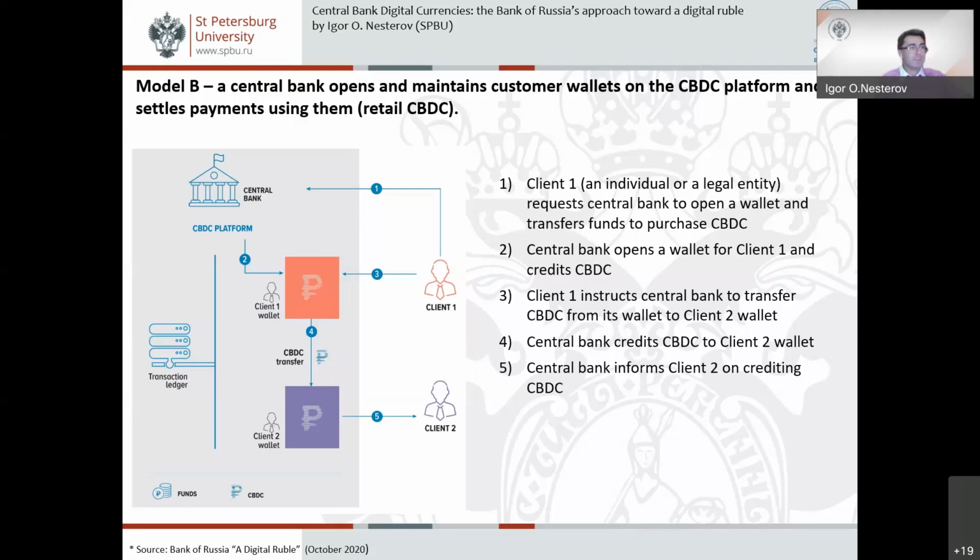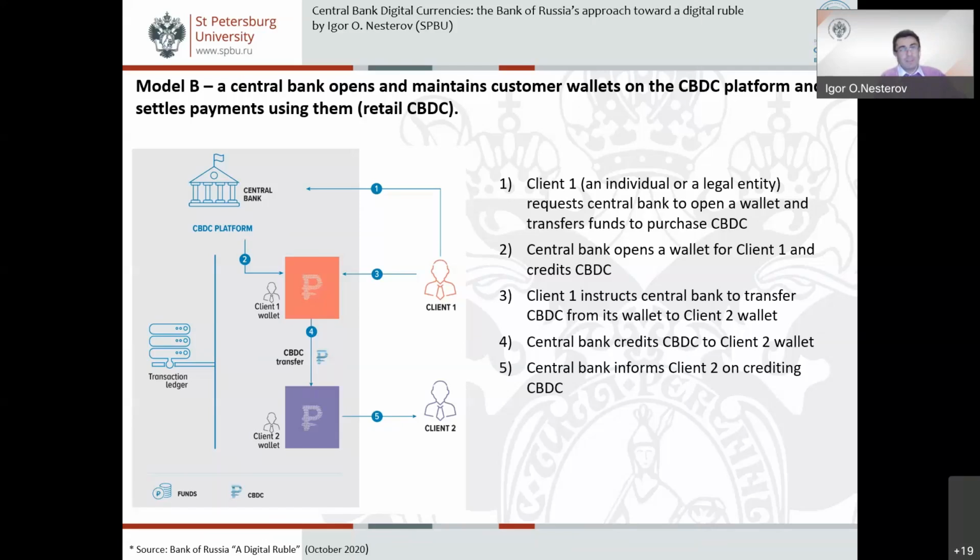So according to this model, the central bank creates a central bank digital currency platform, issues a digital currency, and provides direct access for individuals and legal entities to specially designed wallets.